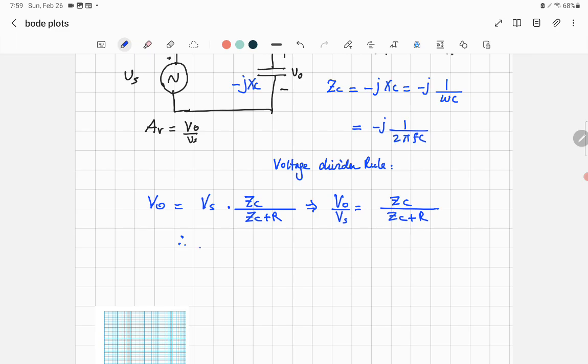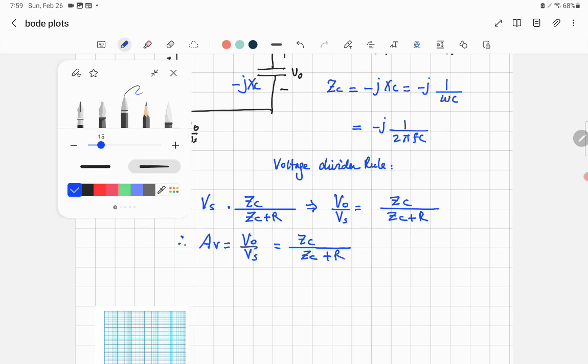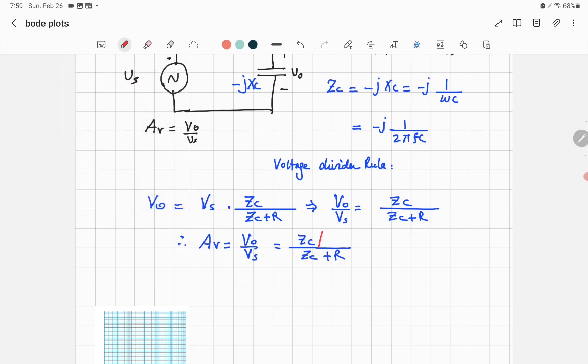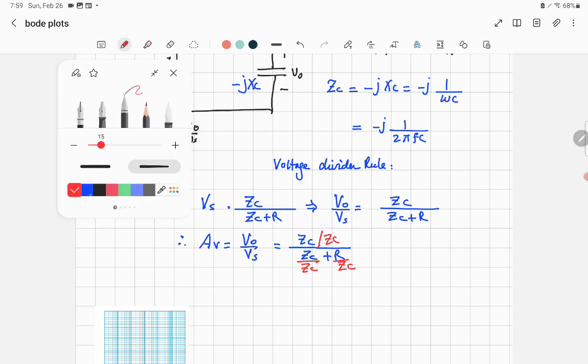So the voltage gain Av, which is equal to the output voltage over the input voltage, will be ZC over ZC plus R. I'm going to divide both by ZC, dividing the top and the bottom to make sure I didn't change anything in the equation.